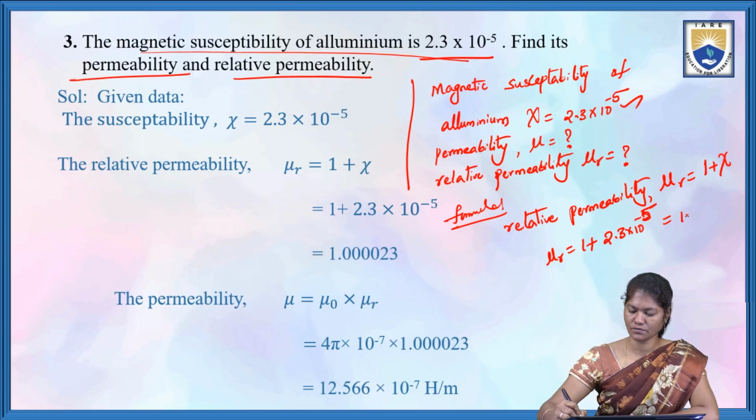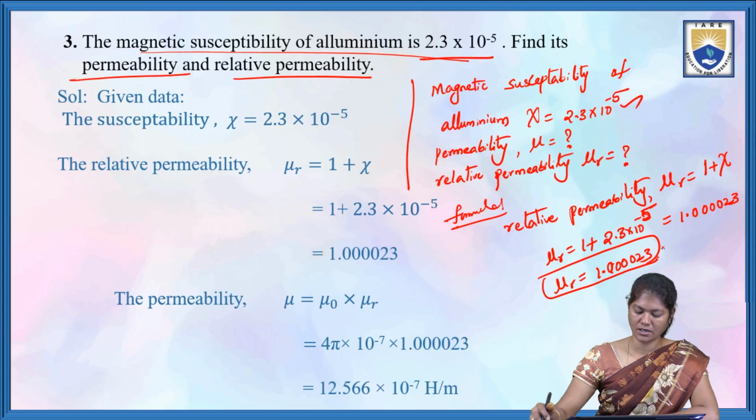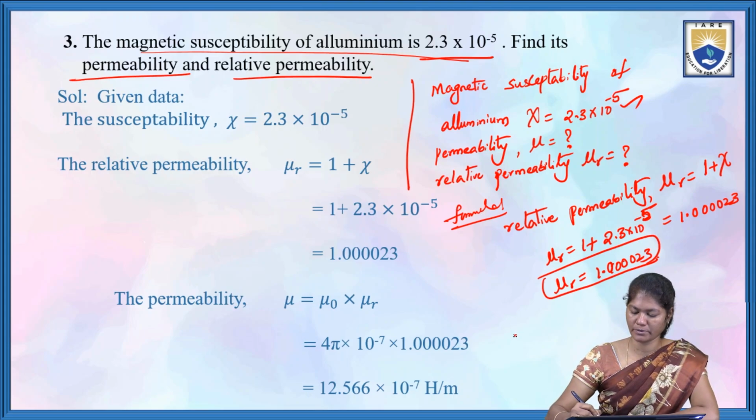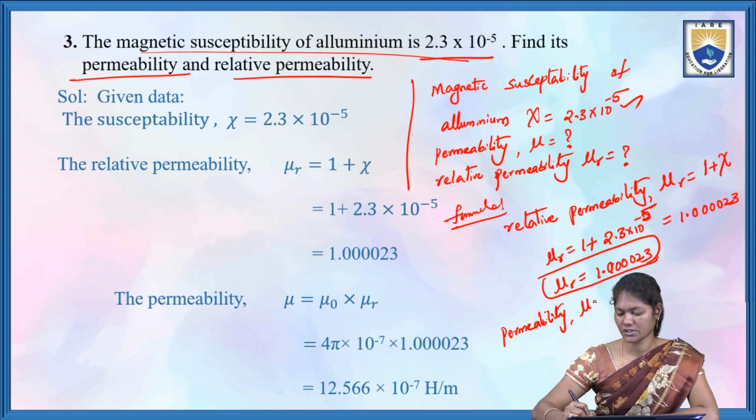So it is equal to 1.000023. Mu r, the relative permeability, is equal to 1.000023. And by using this, we can calculate the permeability. So the permeability formula is mu is equal to mu naught into mu r.